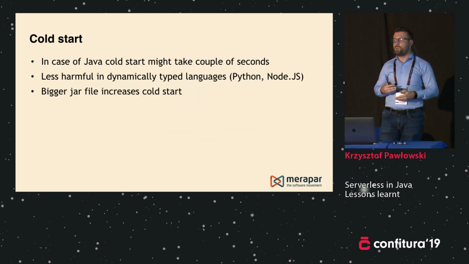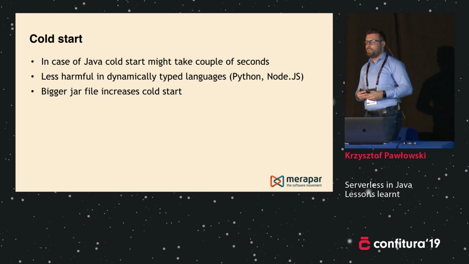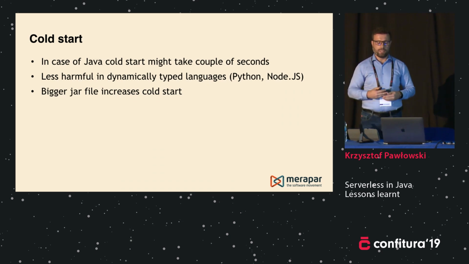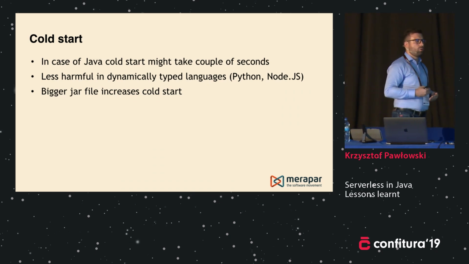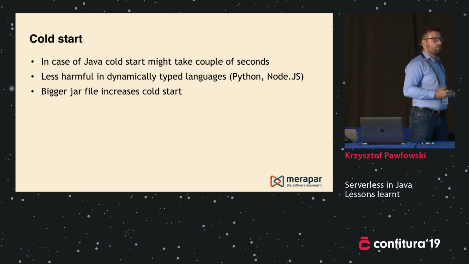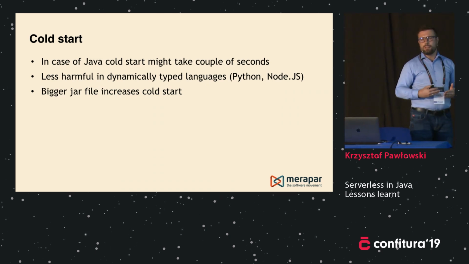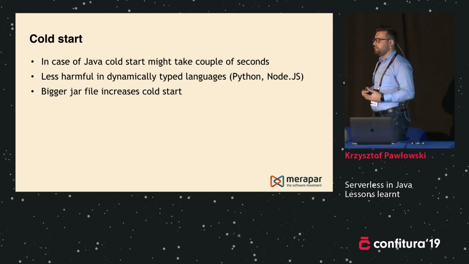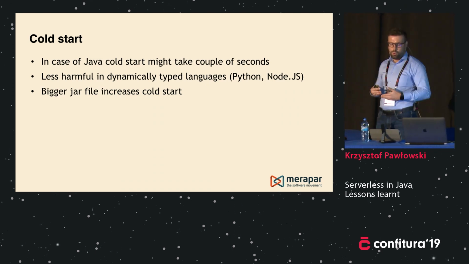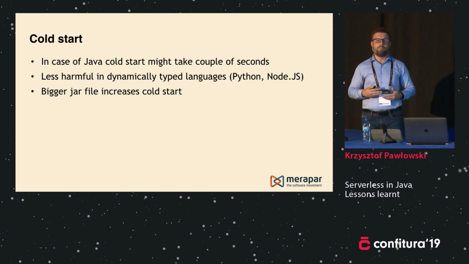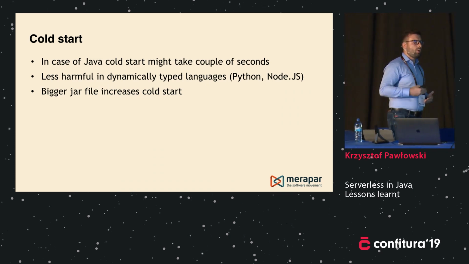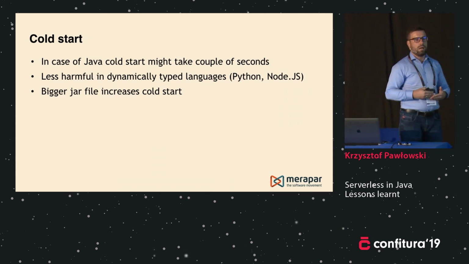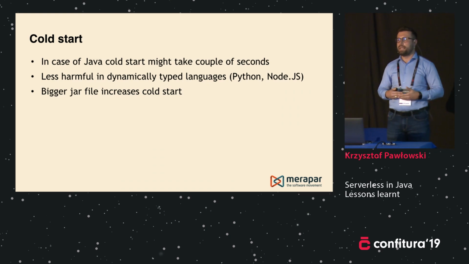So why is it so important for Java? When you look at dynamically typed languages like Node.js or Python, you won't observe much difference between the cold start and warm start. But in case of Java, where the JVM needs to start and all the classes need to be loaded, it might take even a couple of seconds. For example, in our Lambda function, where we had some database connection initialization, it could take even 8 seconds.